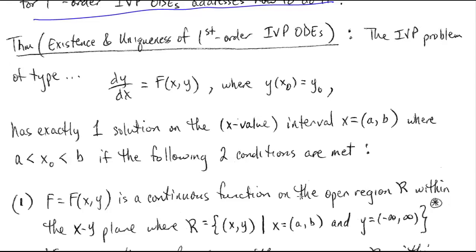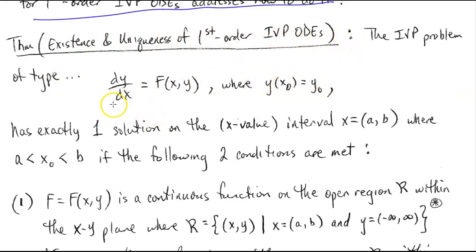This is more theoretical, and you don't necessarily have to know this in detail to be functional in an intro to differential equations course. But I do have it here for some level of rigor to establish what we're going to be talking about when we move forward. So the existence and uniqueness of first order initial value problem ODEs.